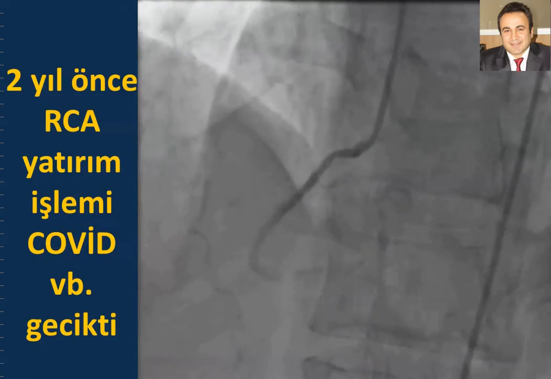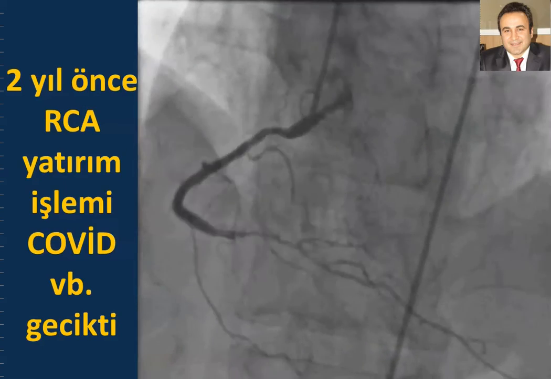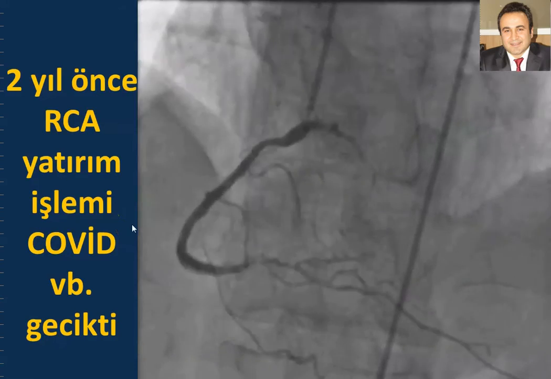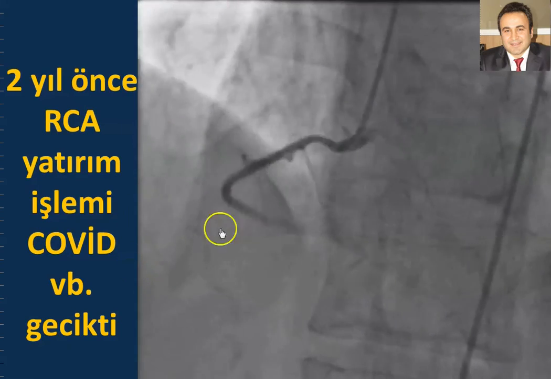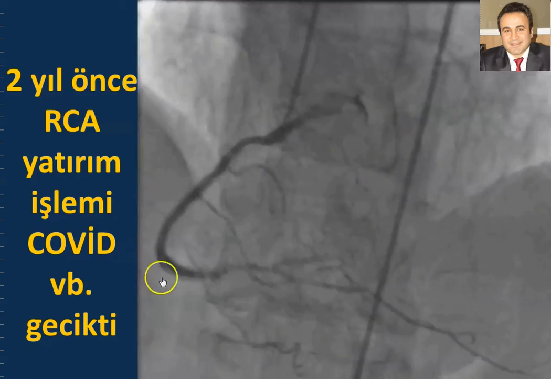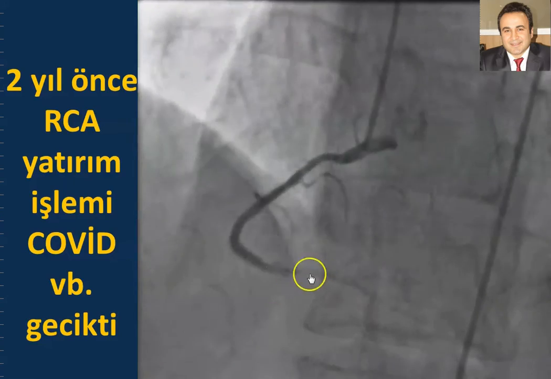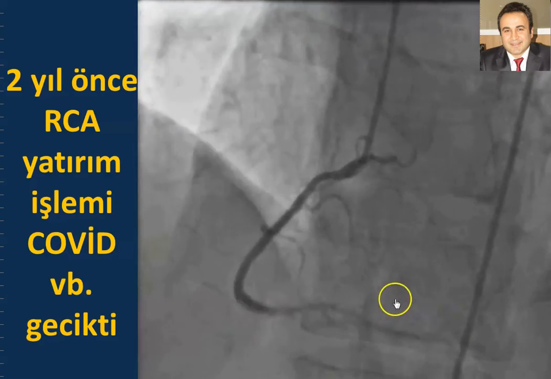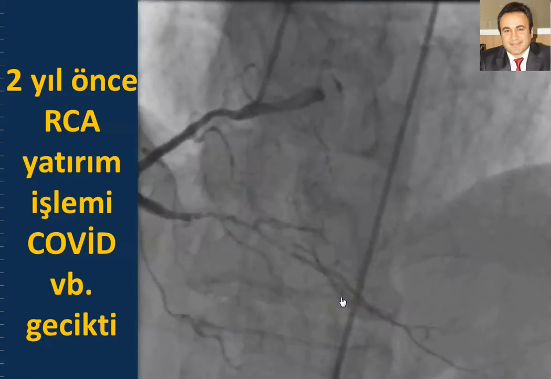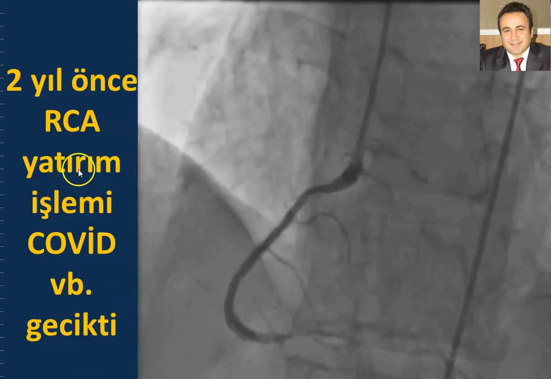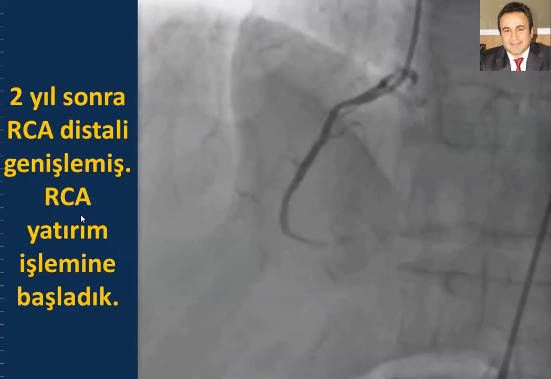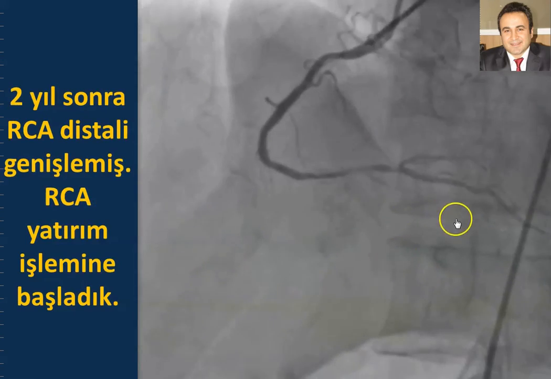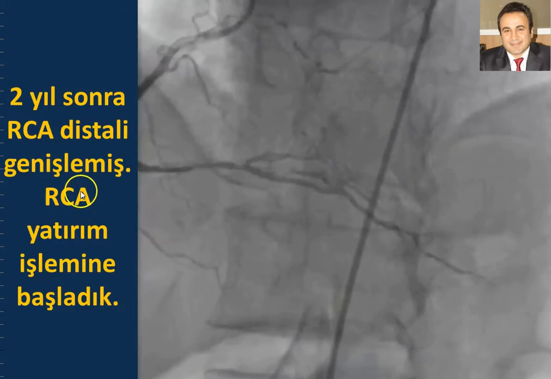Two years later, a long interval because of the COVID-19 pandemic, and you see a linear dissection at this area, and the distal vessel caliber was dilated with respect to previous pictures.